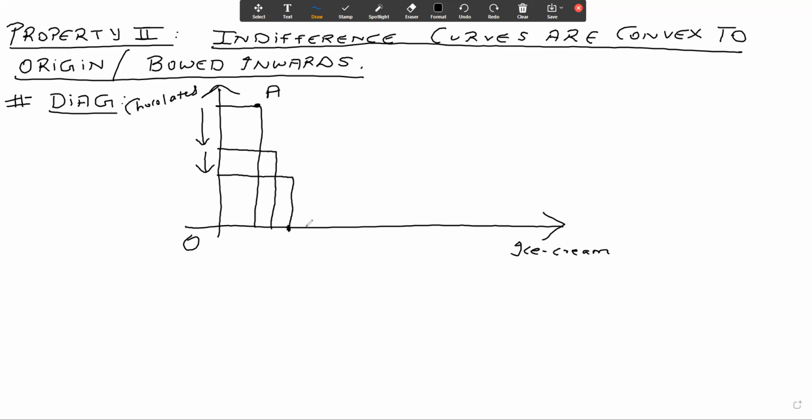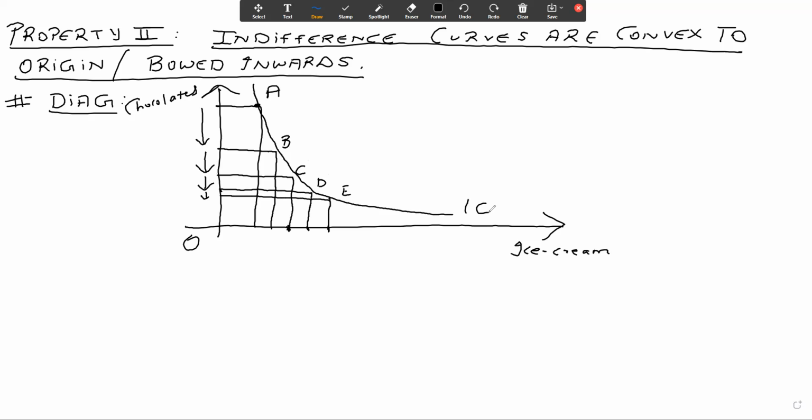When I buy one more ice cream, I will be willing to give up even fewer chocolates than before. If I buy further ice cream, I will be willing to give up a very small amount of chocolates. So if I join all these points A, B, C, D and E, you can see I am getting a convex figure.